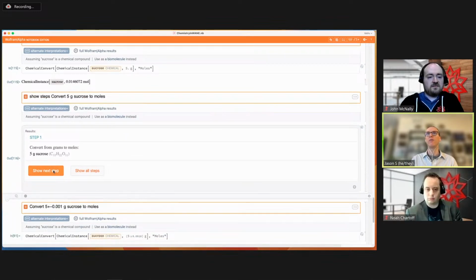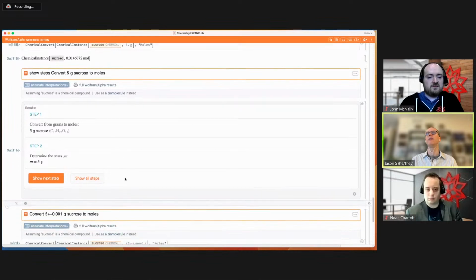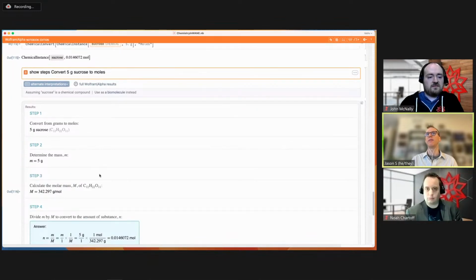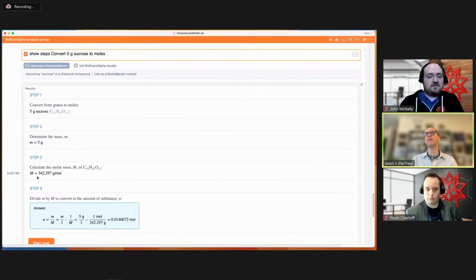And again, just as we saw before, we can go one step at a time. We start off with a restatement of the problem and then go through the other steps. So we get the mass, we go out and get the molar mass, and then we set up the calculation using, if you will, sort of fence notation, which is common lingo in the chemistry education community, where we're setting up this expression for number of moles as the mass divided by the molar mass, and we lay this out because, again, chemists aren't always super strong at math.